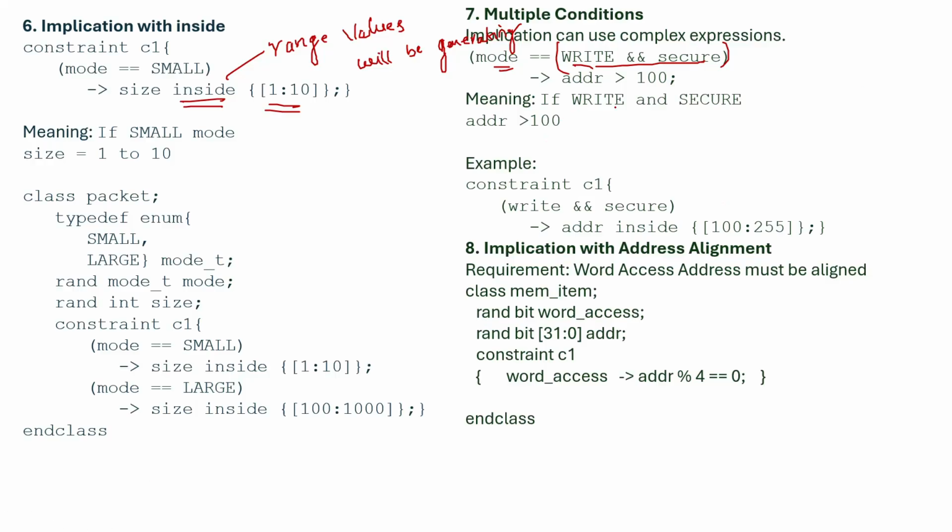If write and secured both are one only, write equal to one and secure equal to one, then only my address is greater than 100. Otherwise, my address will not be getting greater than 100. Okay. So why am I writing this condition? Sometimes my write operation is not doing well, and my address is not getting greater than 100.